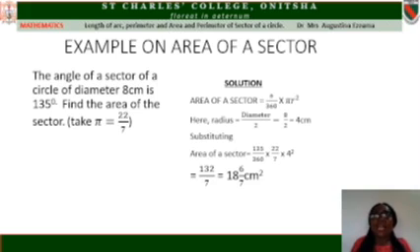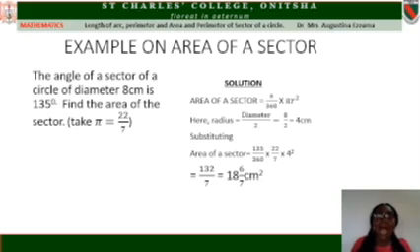Area of a sector of a circle is equal to theta over 360 times pi r squared. Here, radius is equal to diameter over 2, which is 8 over 2, and this gives us 4 cm. You now substitute. In place of theta, you put 135 degrees all over 360.